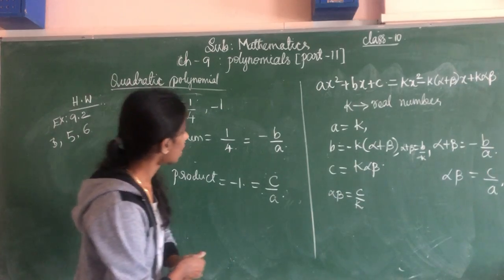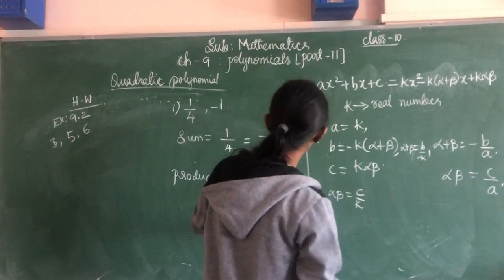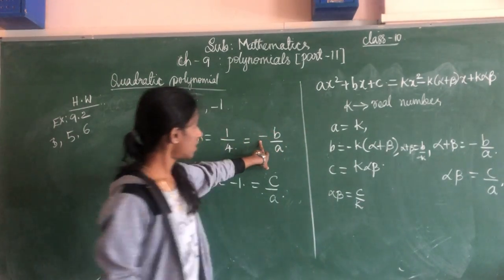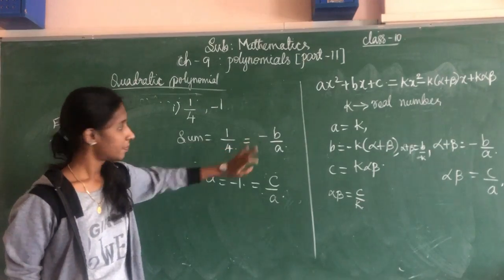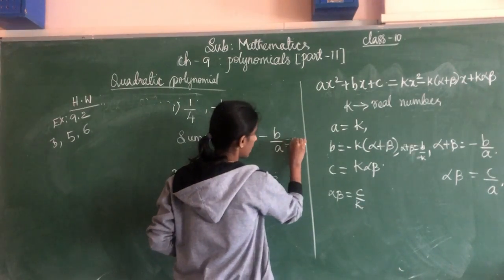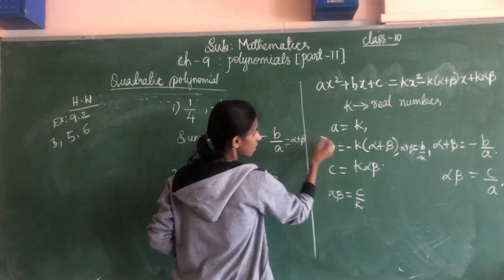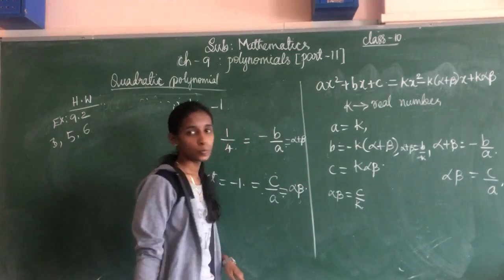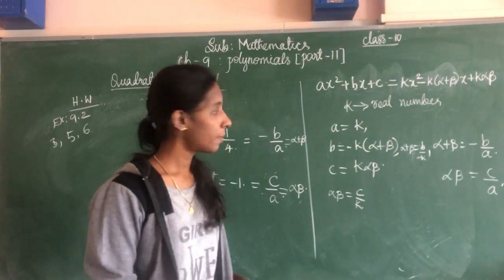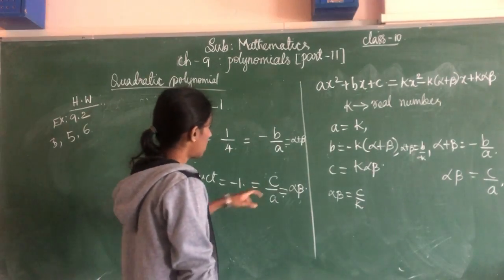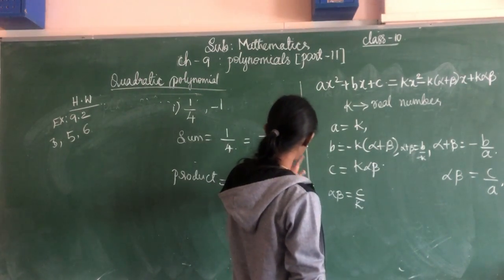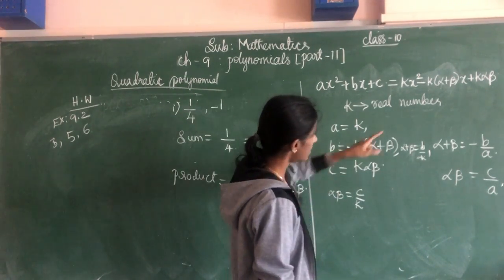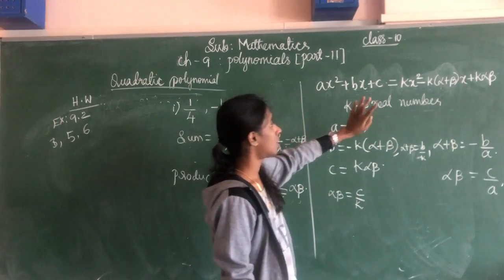Now, what do you have here? Minus b by a. What is minus b by a? It is alpha plus beta. And what is c by a? It is alpha into beta. Hope you have understood, children. Minus b by a is alpha plus beta and c by a is alpha into beta.